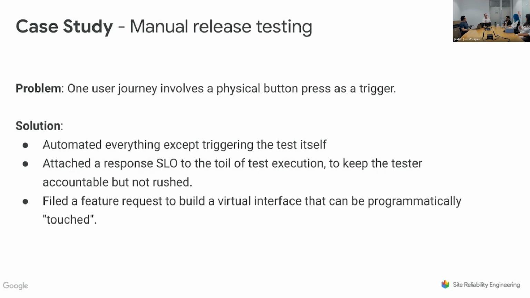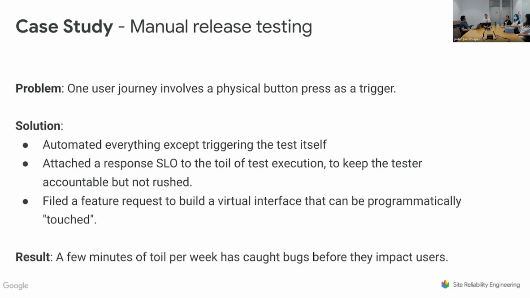But ultimately, we determined that the cost of 1 minute per week to push that button, which is the manual operation, is small enough that spending the time to automate it, to build that virtual interface, is just not worth it. It would take us days, weeks, maybe months to build that. And we would just never get a return on that investment. So in this case, we just made it as easy as possible. It takes 1 minute, but it's still manual.